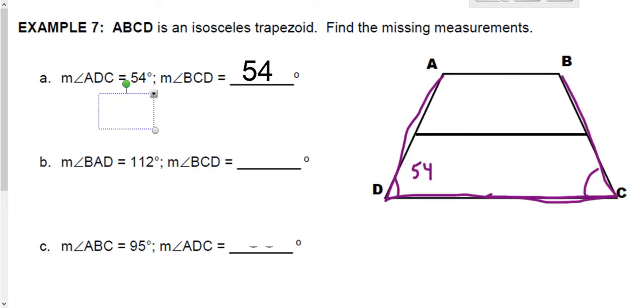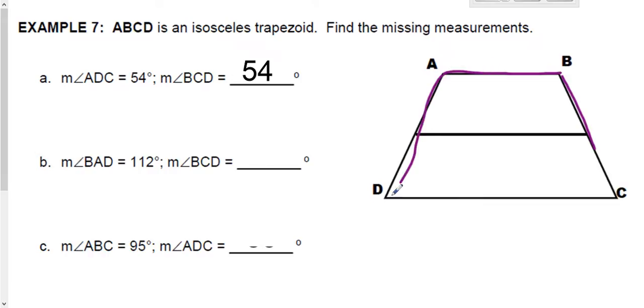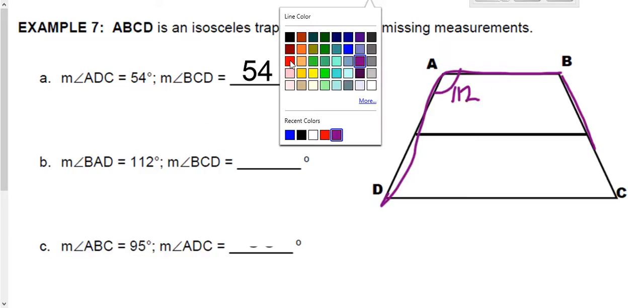All right, let's get rid of some of this and look at the next one, BAD. So if we go from B to A to D, that's this corner, is 112. They want BCD. Let's use a different color here.